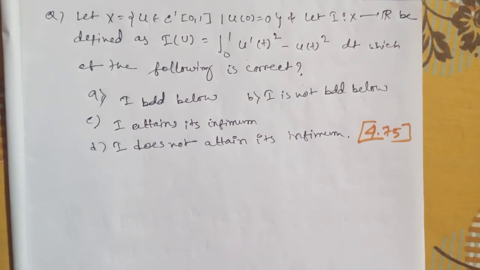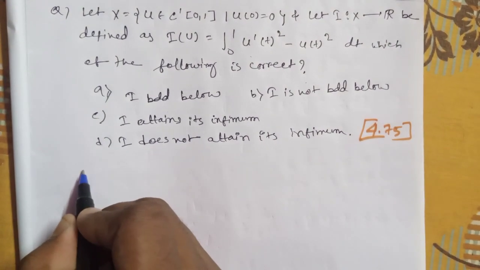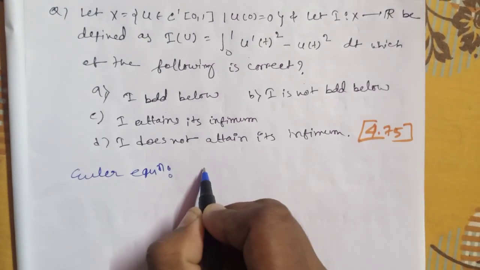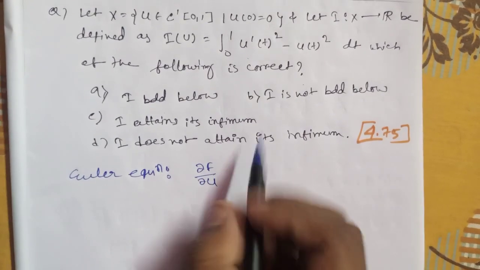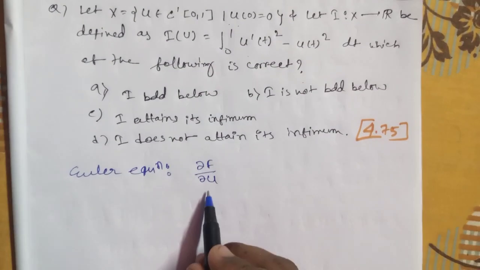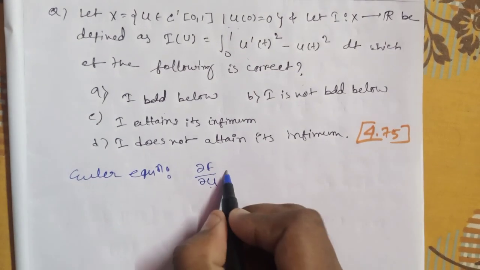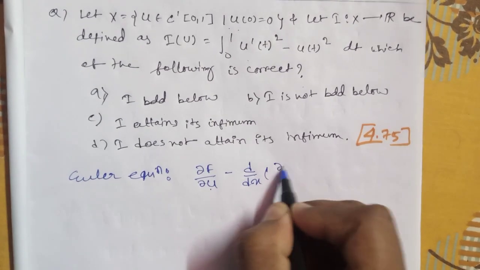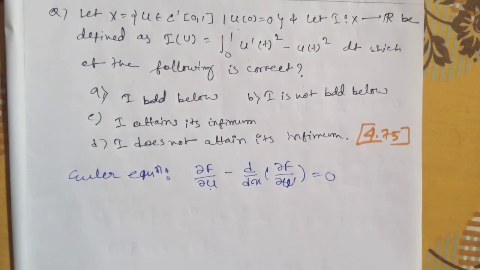Now, what we have to do to solve this question, we have to use the Euler equation, right? What is the Euler equation? We know ∂f/∂u here, because the dependent variable is u, not y, so we'll write u in place of y, minus d/dx of ∂f/∂u' equal to 0.